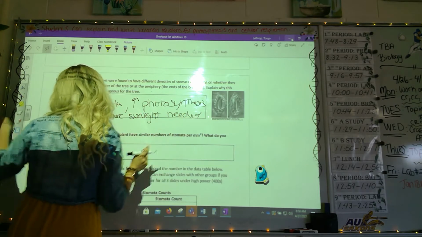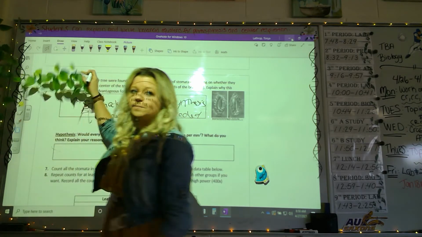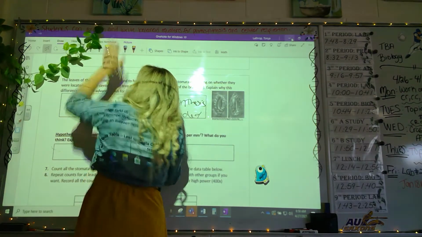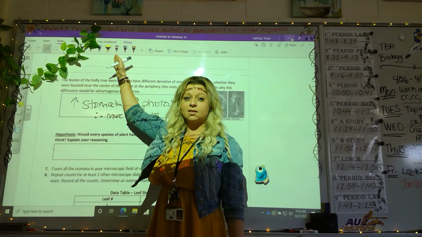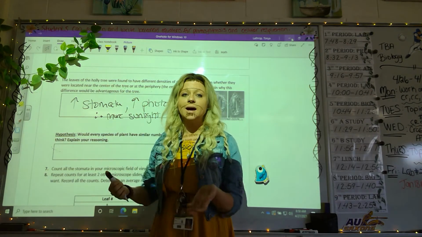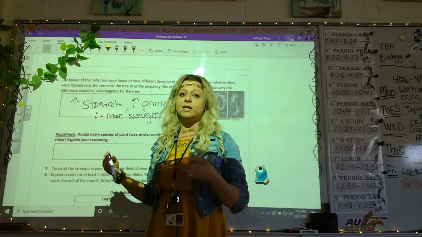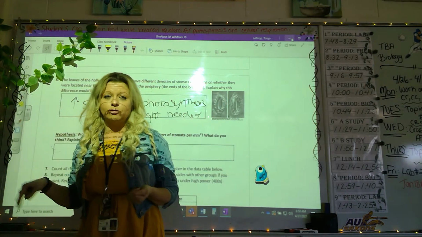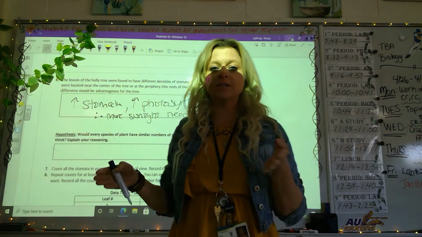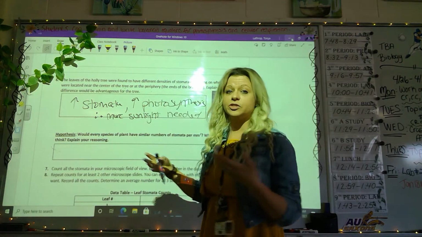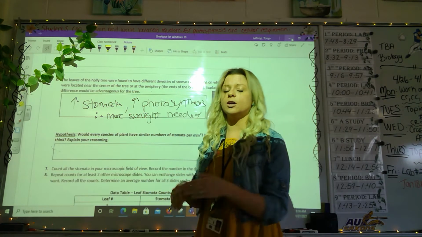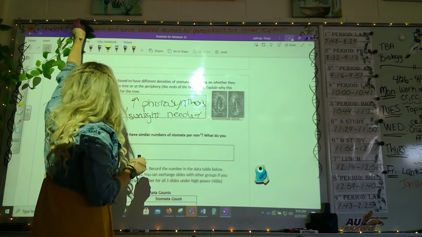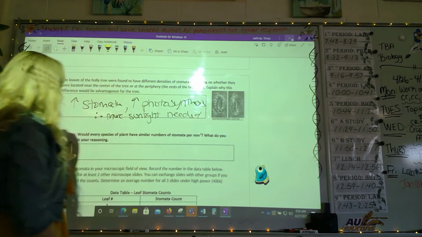So that means that if this is my plant here, and let's say this is my windowsill and my plant's kind of hanging, the leaves in the direct sunlight here would actually have more stomata than if I tested the amount of stomata on the leaves towards the center of my plant or my tree. So more light, more stomata, so they can do a higher rate of photosynthesis. Right, so there's your hypothesis.